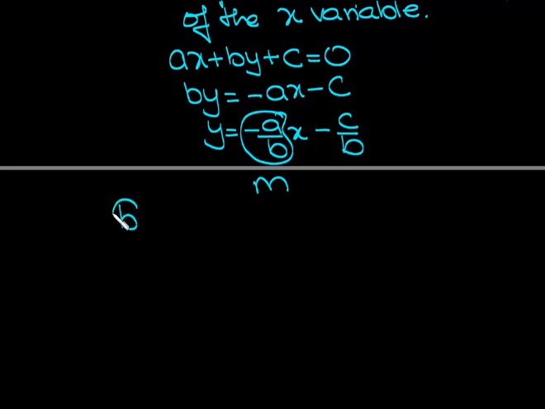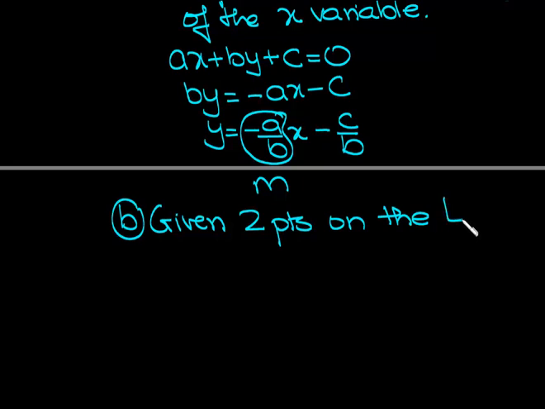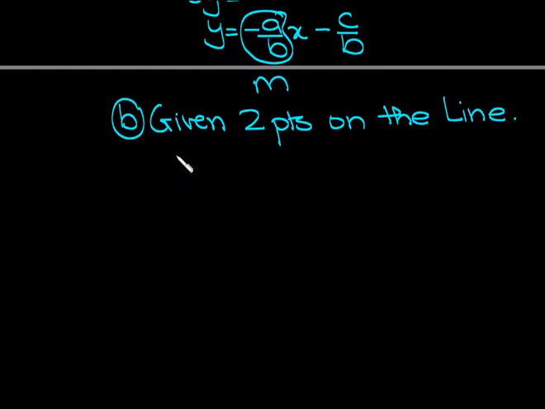Another way to find the slope is if you're given 2 points on the line. In that case, the slope is given by this formula. Let's say you're given 2 points, I'll call the first point x1, y1, and the second point x2, y2.